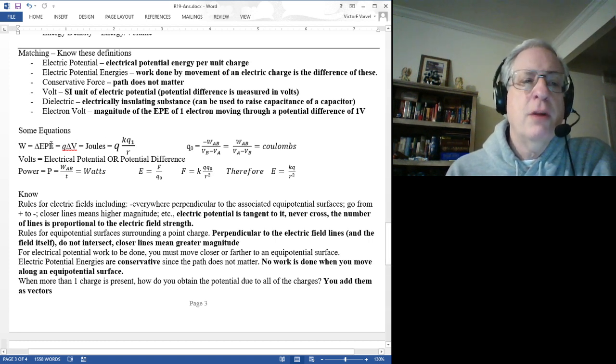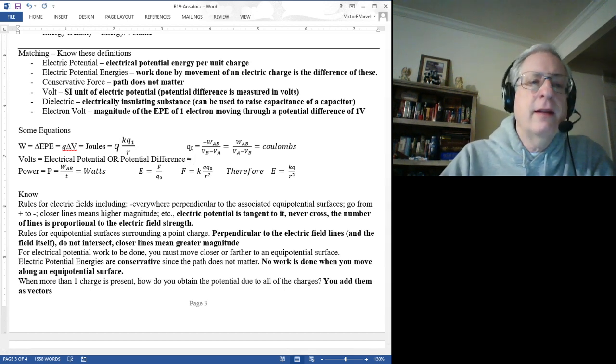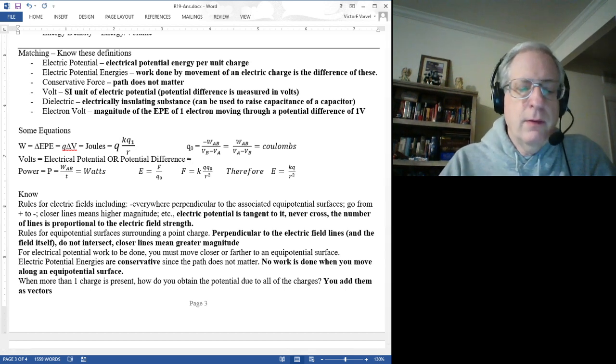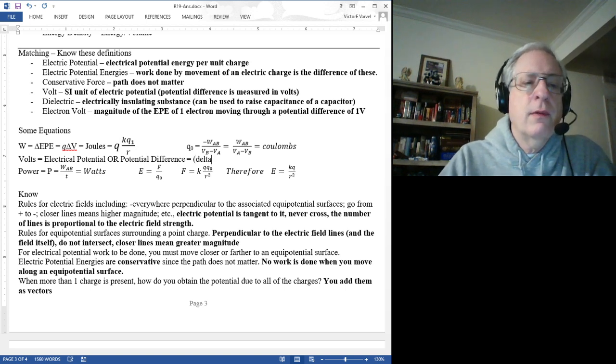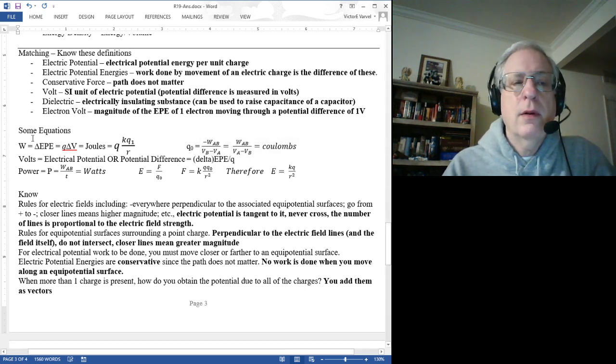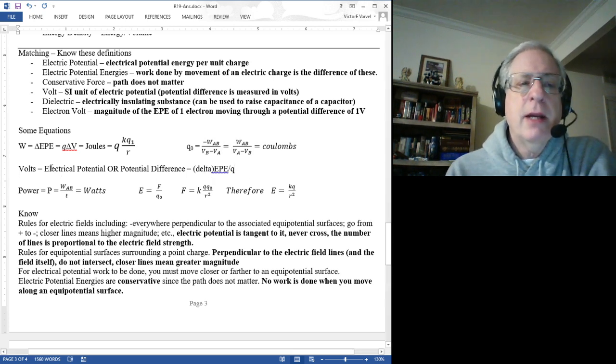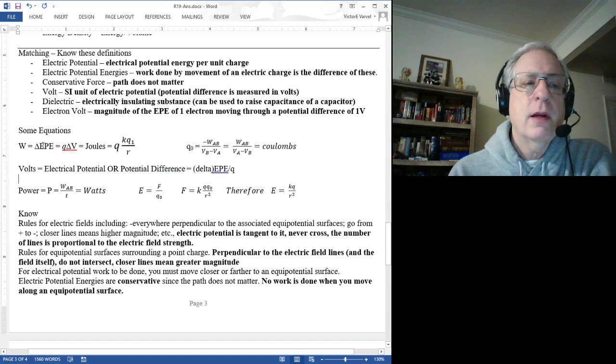We'll also know that electrical potential energy is equal to the charge times the voltage difference. And that delta V is the electrical potential. So if I take the electrical potential energy per unit charge, or basically take volts, the potential difference, I could say that this is equal to delta EPE divided by Q. I'm just rearranging this part of the equation.